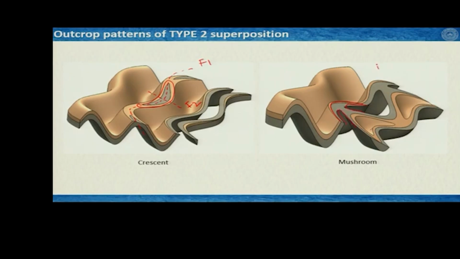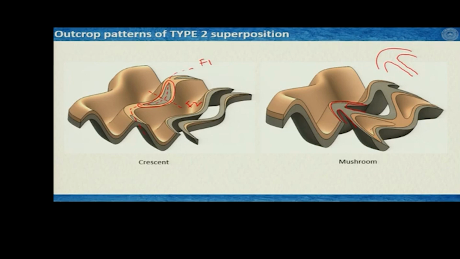So, it is like this, isn't it? So, this is like a mushroom, and this is known as mushroom type of exposures, and again you see your F1 is going like that here and F2 is like this.